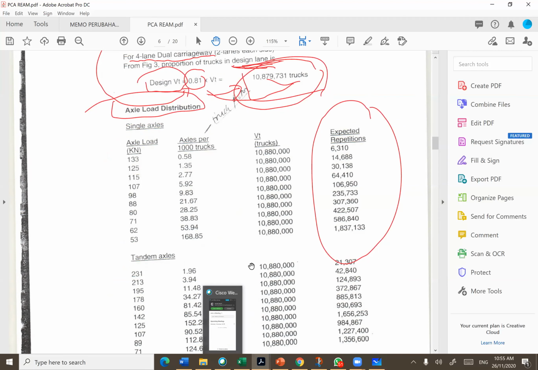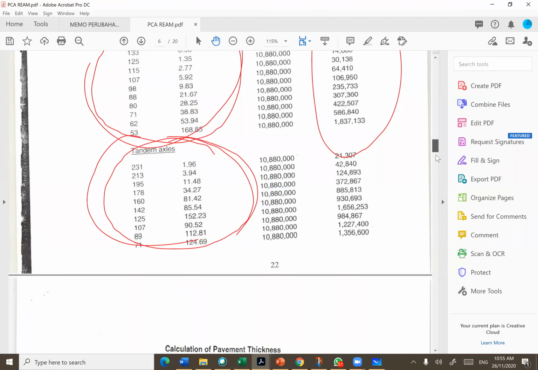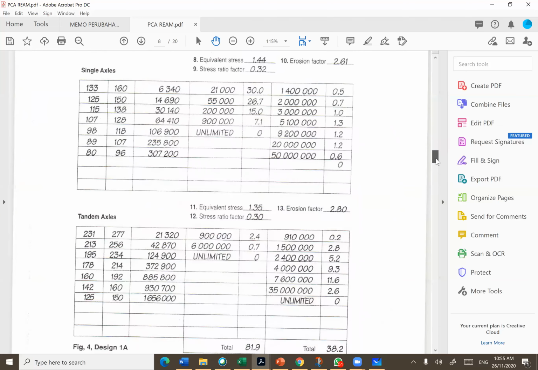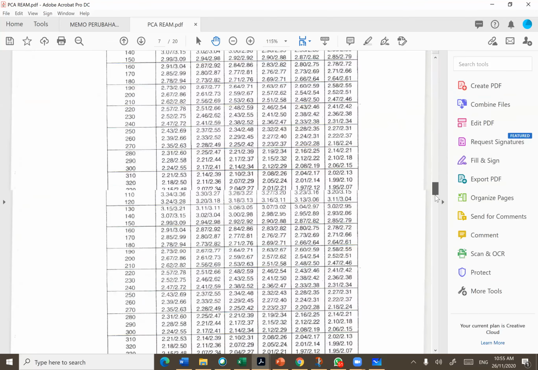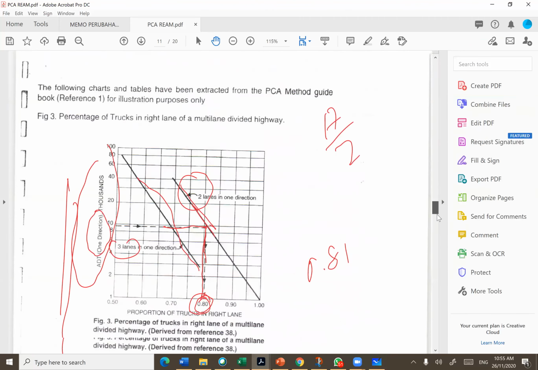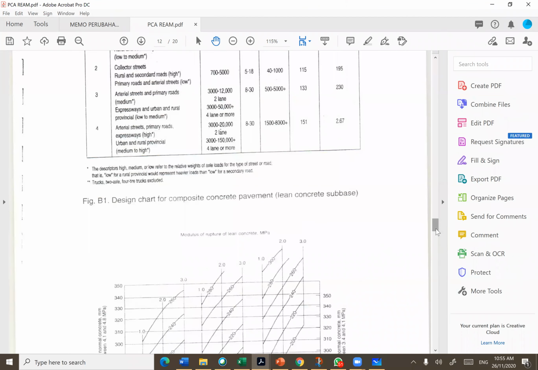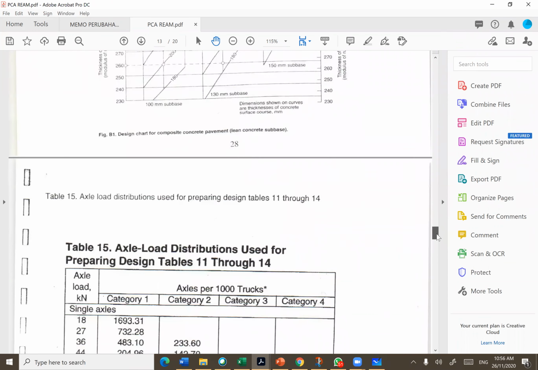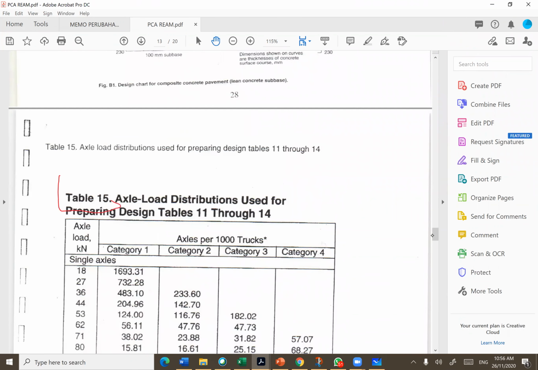If you don't have this information, you can use the one that they provided, which is in table 9 and table 15.